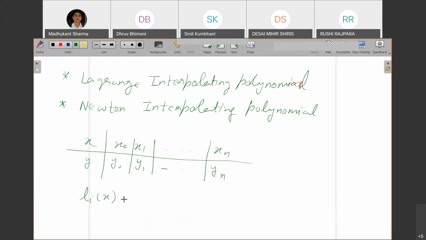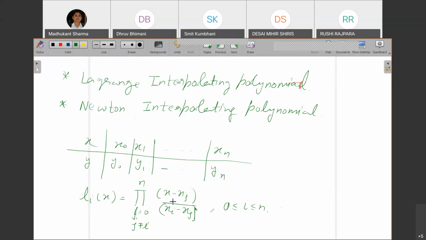This is the product over j equals 0 to n, j not equal to i, of x minus xj divided by xi minus xj, for 0 less than or equal to i less than or equal to n. If you have n number of data, you require n multiplications for each term. Okay, so this is a tedious computation.